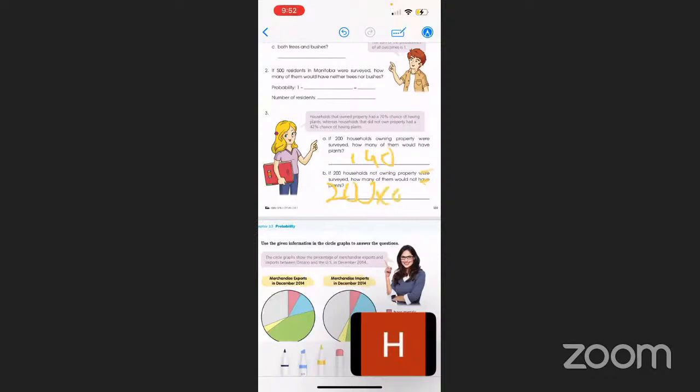And we have to multiply that with 200. Yes. That gives us 84. Okay, so 84 is the households that do not own property, having plants, right? Okay, good.